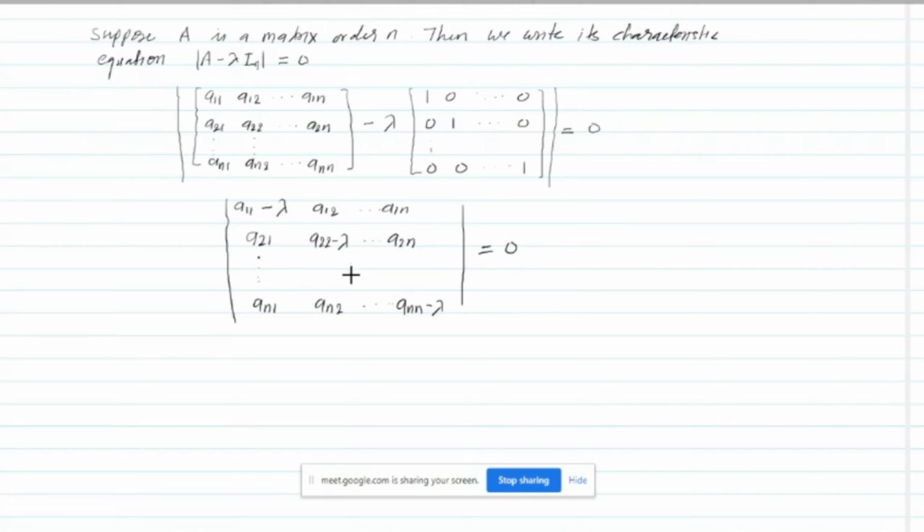Now if we expand this determinant, then what happens?